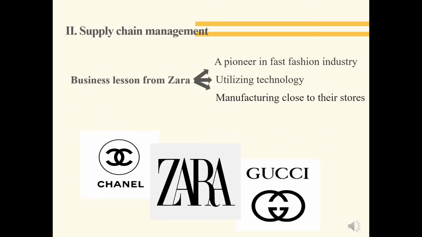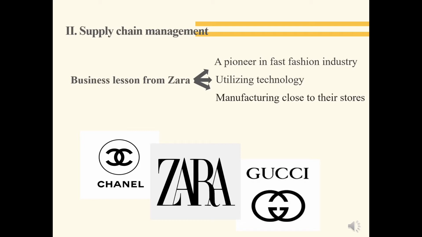To understand the importance of supply chain management, we have a business lesson from the mini case of Zara. Other fashion houses like Gucci and Chanel are still struggling in high-class fashion, and they are no longer welcomed by consumers.